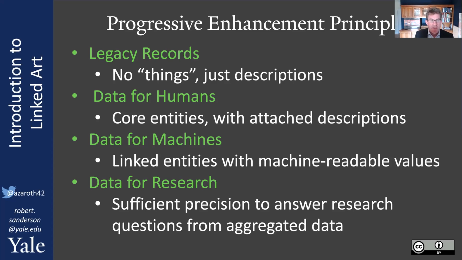Then we look at data for machines, where we can link the entities together with more machine readable and machine comparable or processable values. And then data for research, which is the same, but with sufficient precision and sufficient amounts of data that we can answer research questions by pulling together information from different institutions.